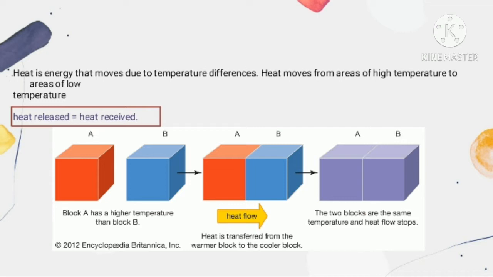Each of these objects has an internal energy associated with the random motion of the atoms or molecules that compose them. This heat can change the temperature of a substance.